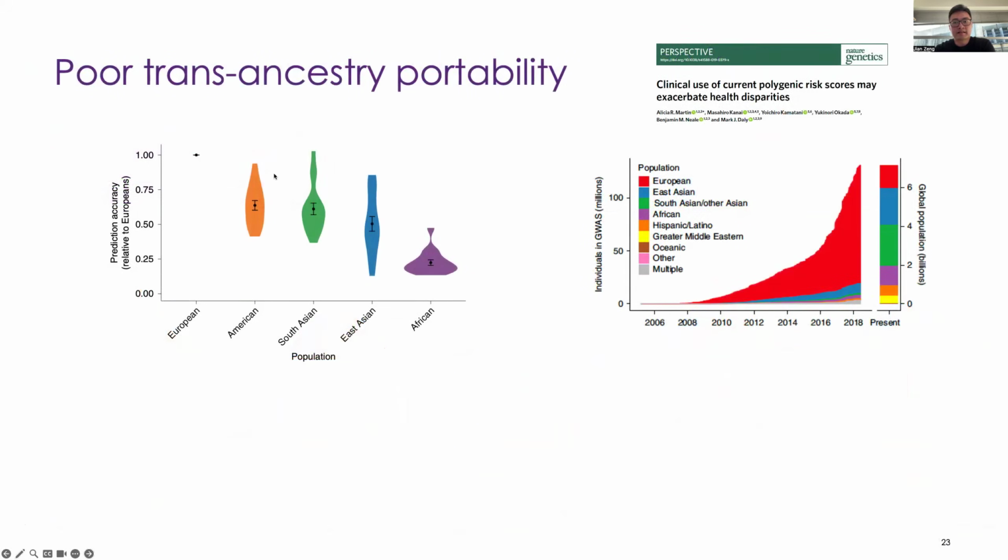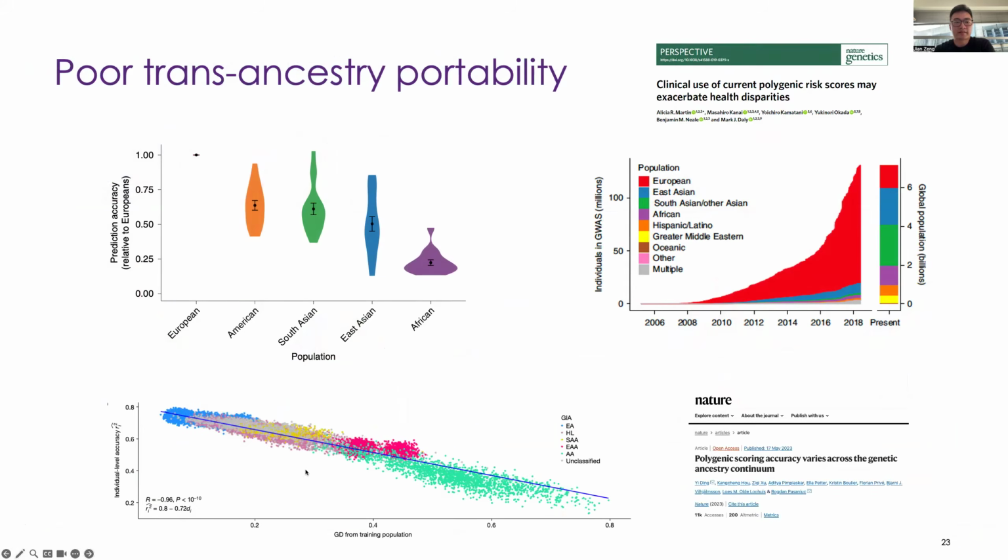Finally, I would like to highlight a major challenge in PRS application, which is the poor cross-ancestry portability. Most GWAS data nowadays are European-centric, but PRS accuracy drops substantially when we apply it across ancestries.